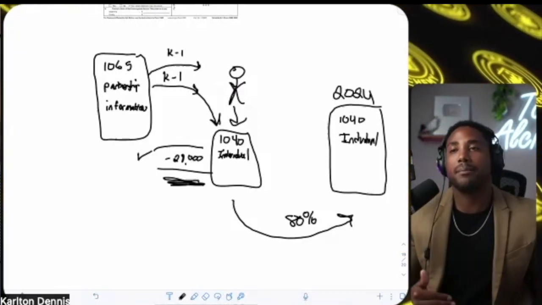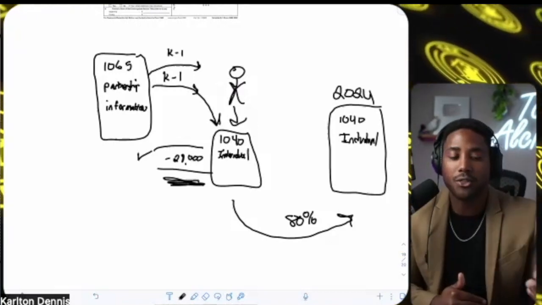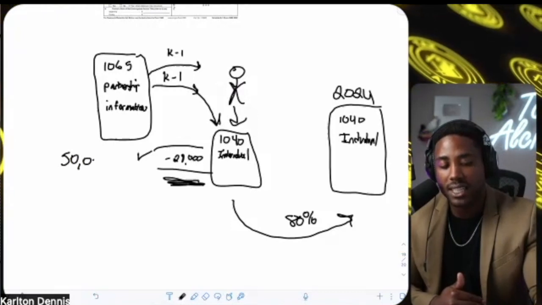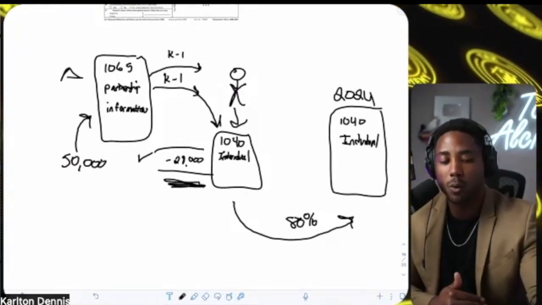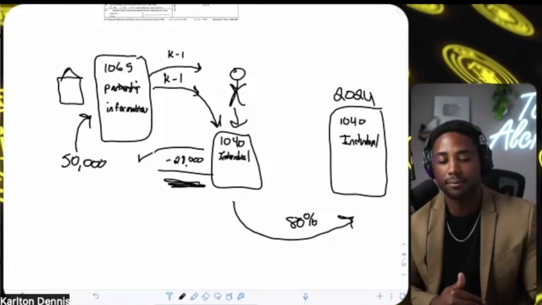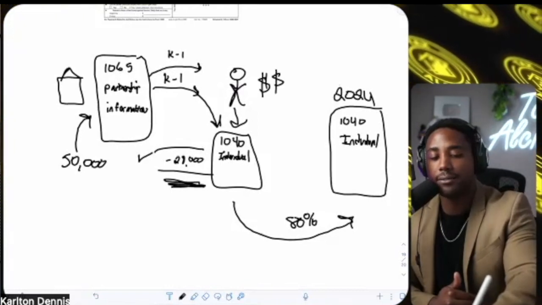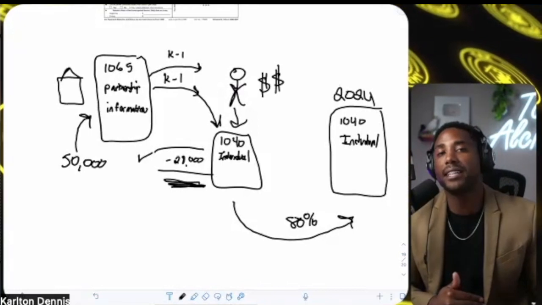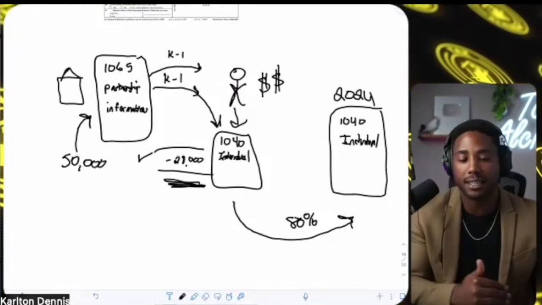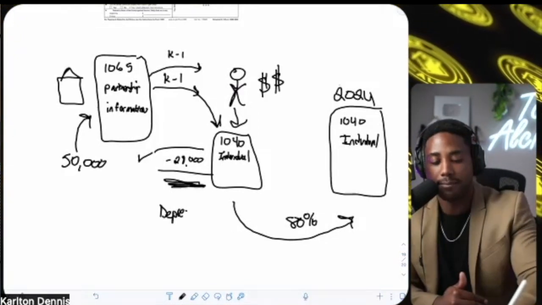And this is one of the many benefits of investing in real estate: although I paid $50,000 to be in this partnership where we're investing in real estate, I am receiving cash flow every single year from being an investor. One of the benefits of receiving cash flow from being an investor is I'm also receiving depreciation.